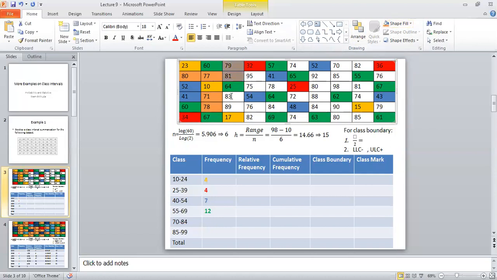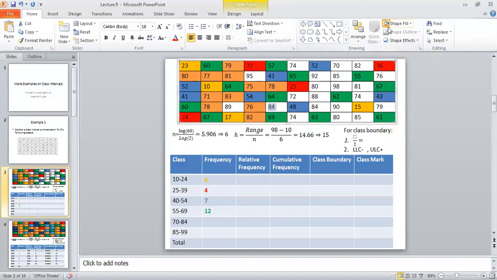Then we have got 70 to 84, there is 83 as well. Then 70 to 84, there is 75. 70 to 84, there is 76 and 82. Then 70 to 84, we have got 78 as well as 84.